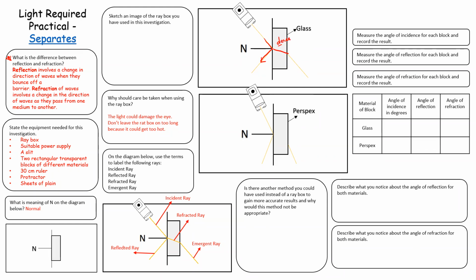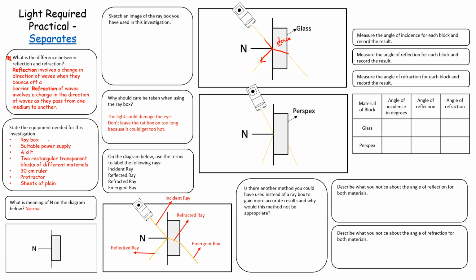The denser the material, the greater the angle of change, hence why you can split white light. That also depends on your wave frequency and wavelength. So that's the difference between reflection and refraction.